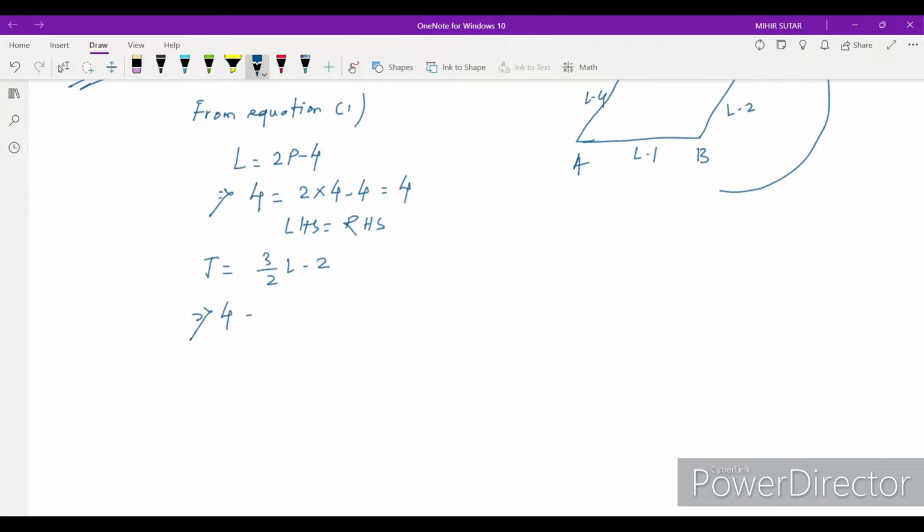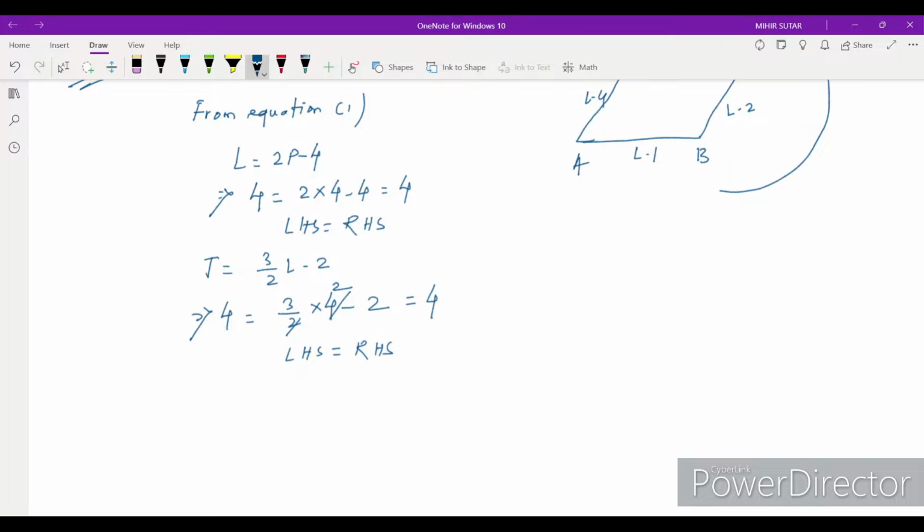So 4 is equal to 3 by 2 into 4 minus 2. Here we cancel out, it is equal to 4. So here also LHS is equal to RHS.